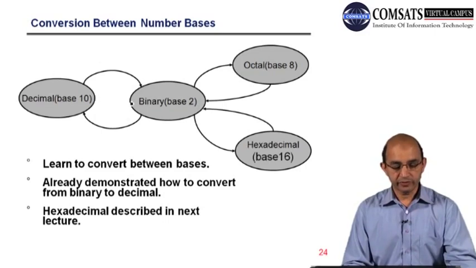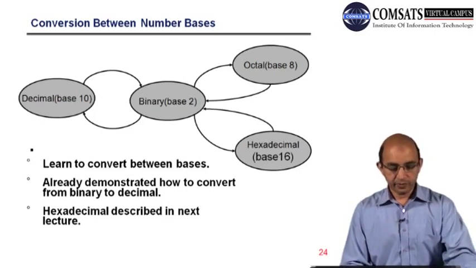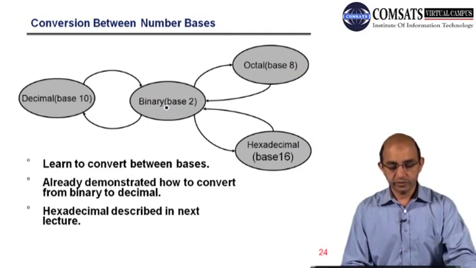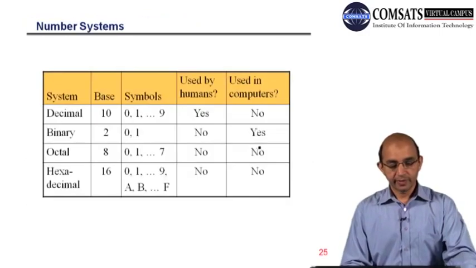So we have binary: from decimal to binary, and then binary to octal. If you want to convert a decimal number to a hexadecimal number, first you have to convert that decimal number to binary, and then binary has to be converted into a hexadecimal number.